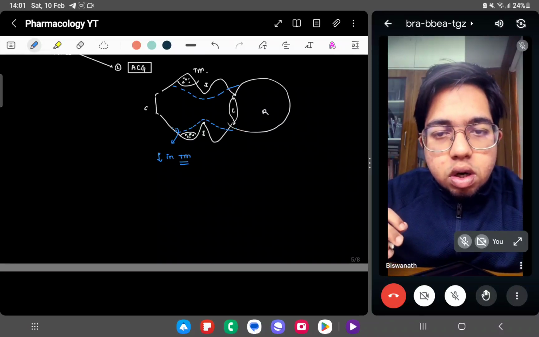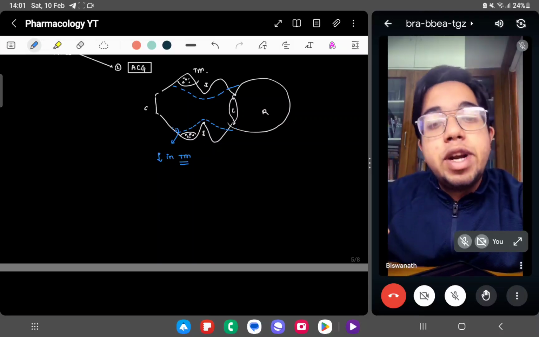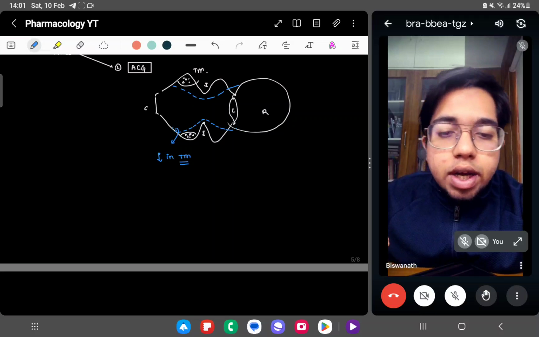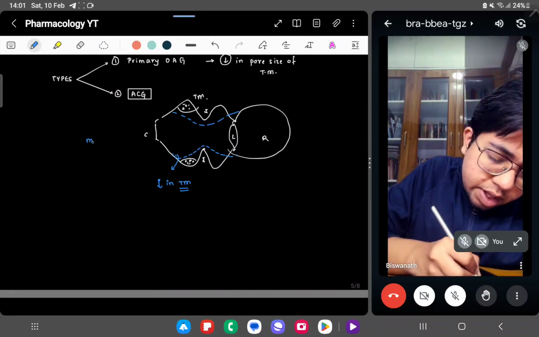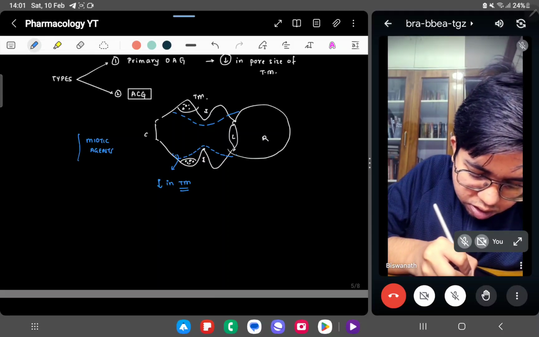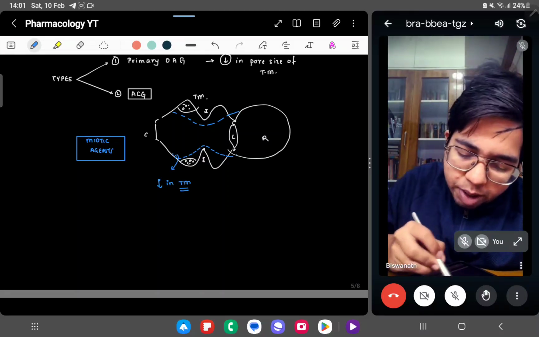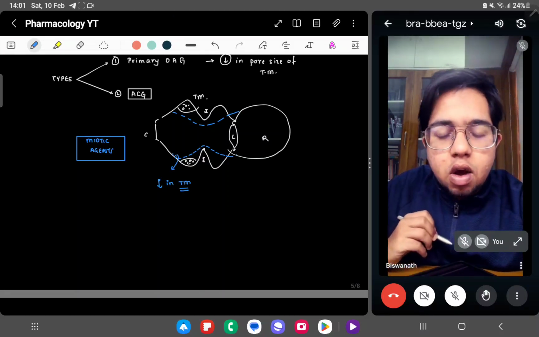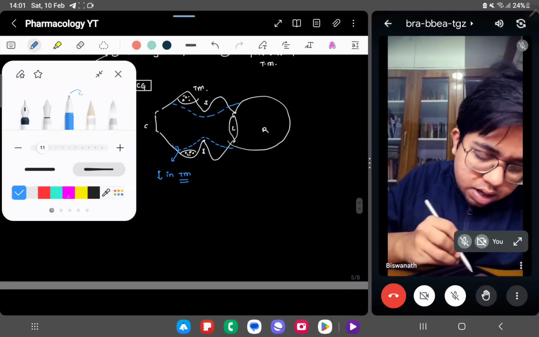So what can you do to prevent this? If there is mydriasis, this will occur. So you will give the miotic agents, which will open up this IC angle. What is the IC angle? I told you about the IC angle.